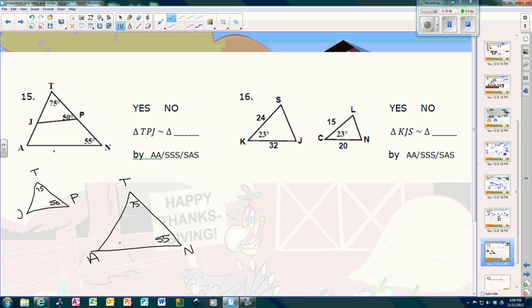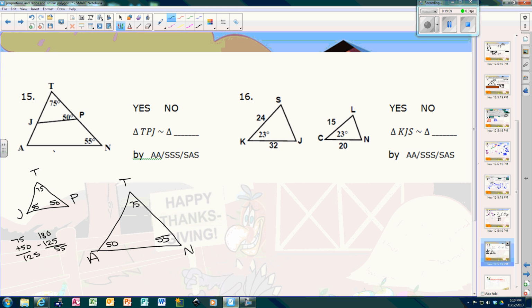So now since these two angles don't match, I need to find the other angle. So 75 plus 50 is 125. 180 minus 125 is 55. So that makes this angle 55. Well, if that angle's 55, then this one has to be 50 because that one is 55.